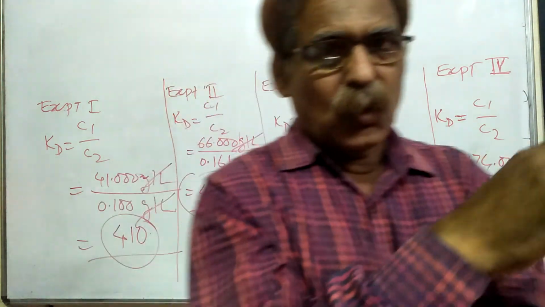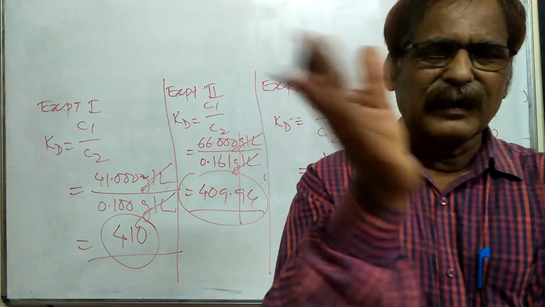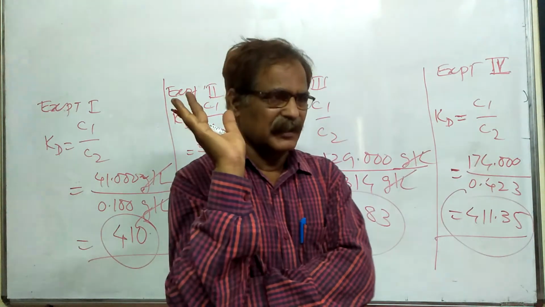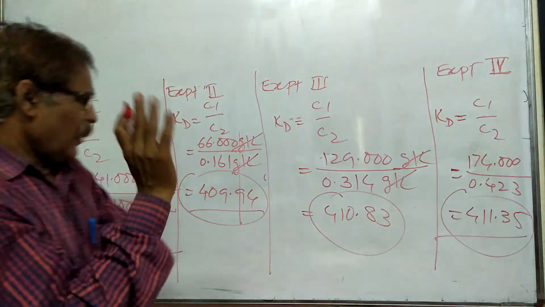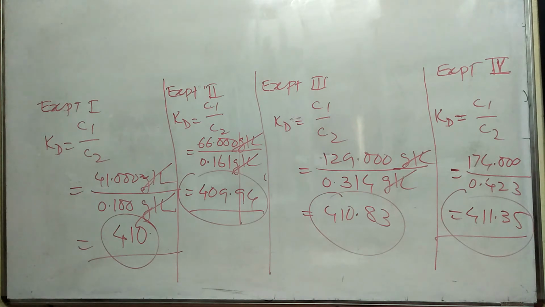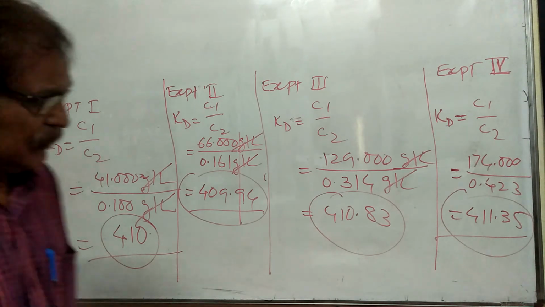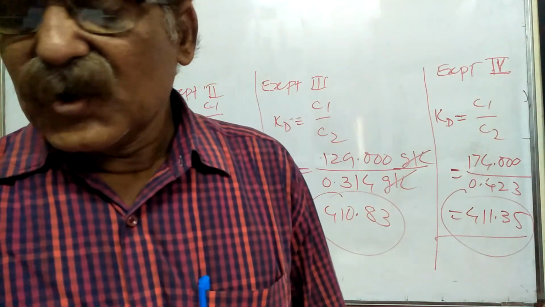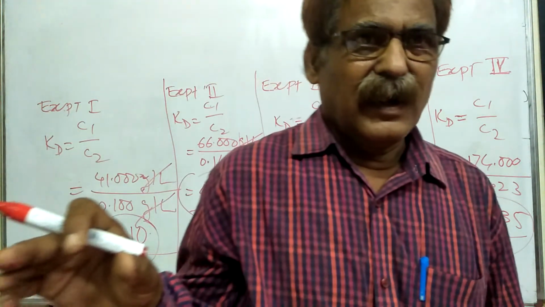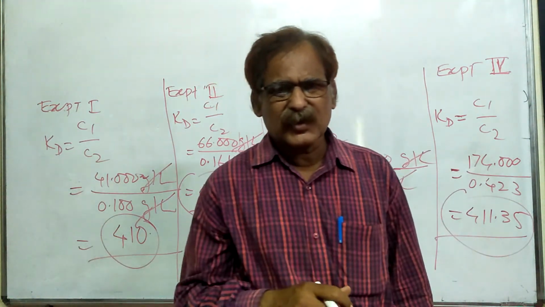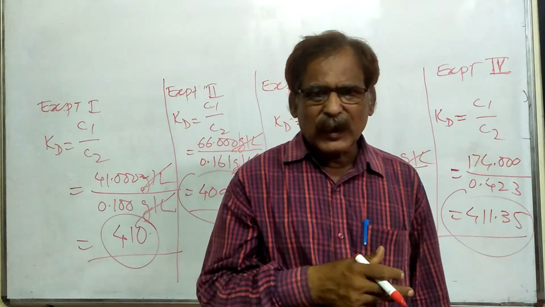We need not go for modified distribution law in this case, because the values in each experiment are nearly equal to each other, and therefore we can say that the solute iodine exists as normal molecules in both the solvents.